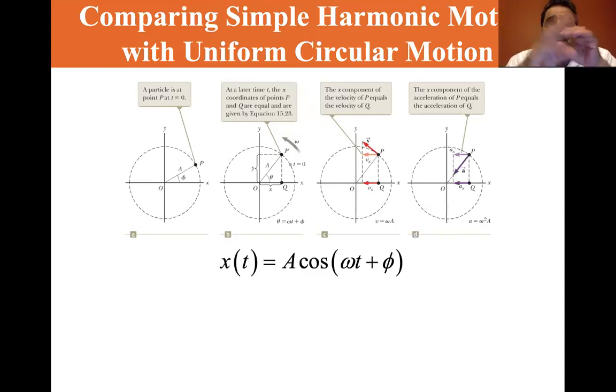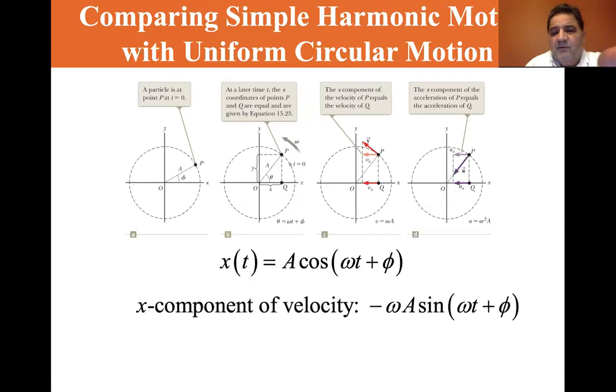So you can see that P and Q, their x component is exactly the same. The x component of the velocity of P equals the velocity of Q. And the x component of the acceleration of P equals the acceleration of Q.